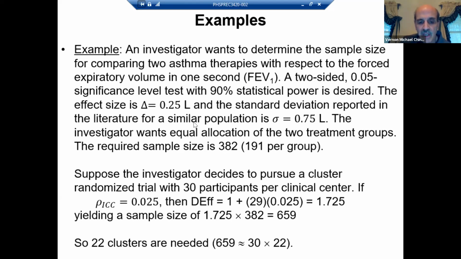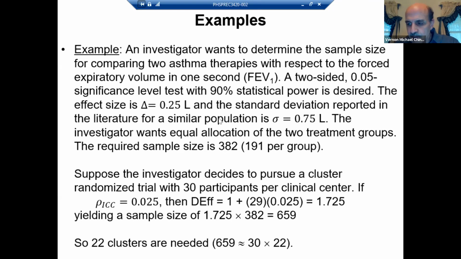Suppose now the investigator changed his mind and decided that he would pursue a cluster randomized trial and that he would recruit clinical centers and randomize clinical centers to each of the two asthma therapies, right? And that it was reasonable to expect that each clinical center could recruit 30 participants.